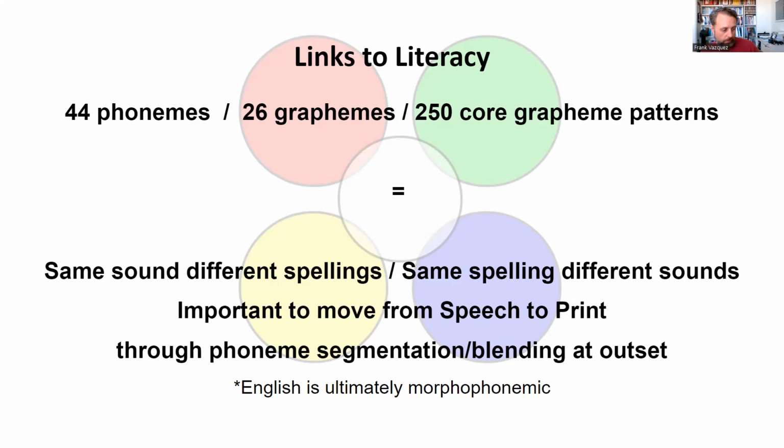That means going from a sound-only approach to a print-only approach doesn't always explain why something's spelled a certain way, why it's organized a certain way. This has led some camps, like the structured word inquiry camp, to feel like you should jump straight into heavy morphology work, maybe not heavy, but different morphology work, right from the outset.